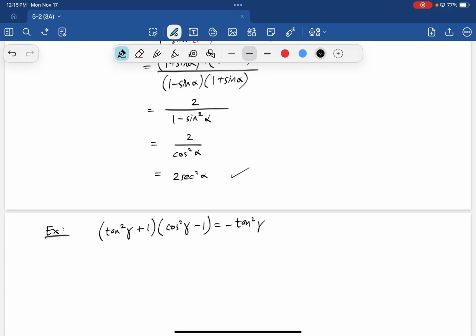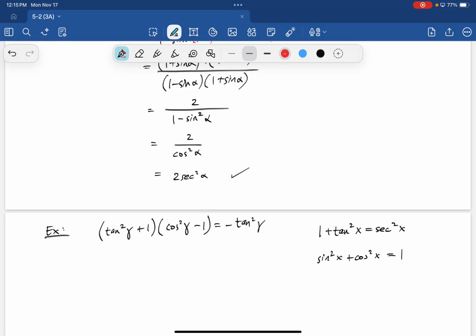Let's write the two identities we have memorized: 1 plus tangent squared equals secant squared, and cosine squared plus sine squared equals 1. So the left side is secant squared times... it's not sine squared, right?